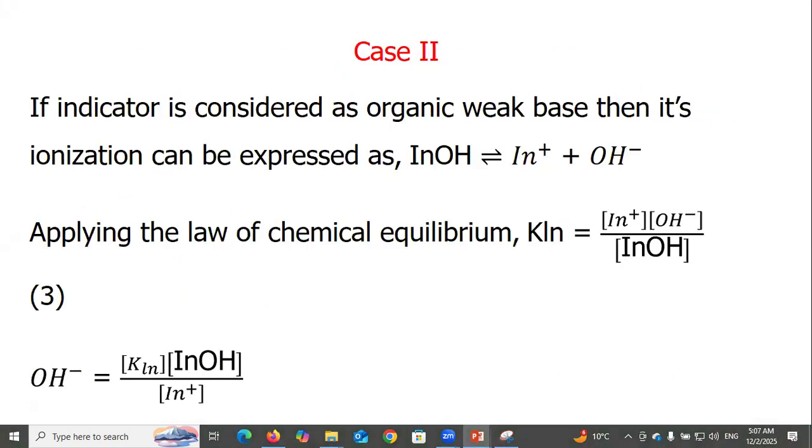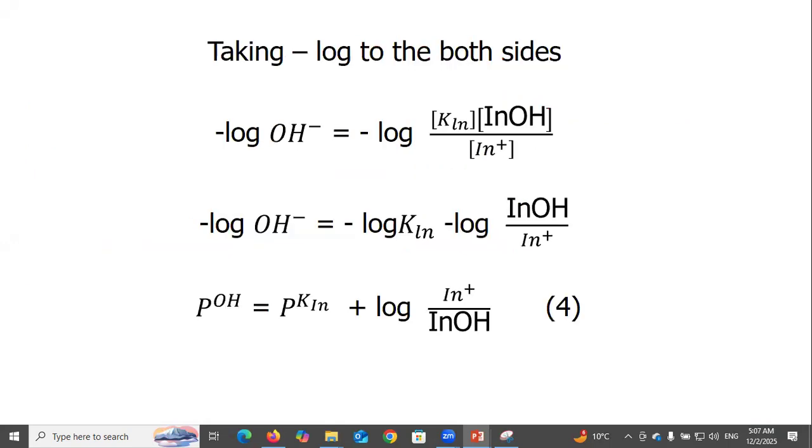Second, if the indicator is considered as an organic weak base, then its ionization can be expressed. Applying the law of chemical equilibrium and taking log on both sides, pOH equals pK In plus log [In+]/[InOH].